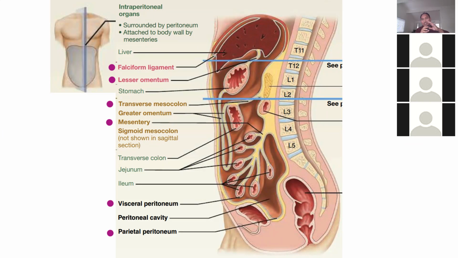One sock is to stick on the boot side, and the other sock is on our feet side. So the same thing like the peritoneum, we have the visceral peritoneum, which is on the side of the intestine, and parietal peritoneum, which is on the side of the abdominal wall.